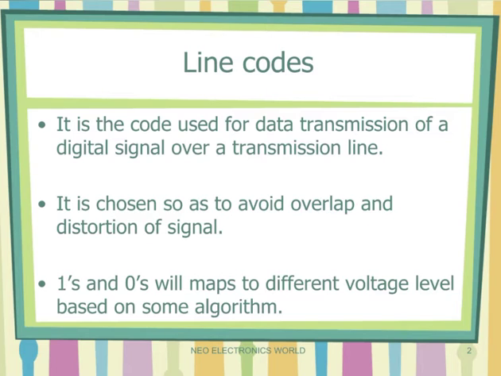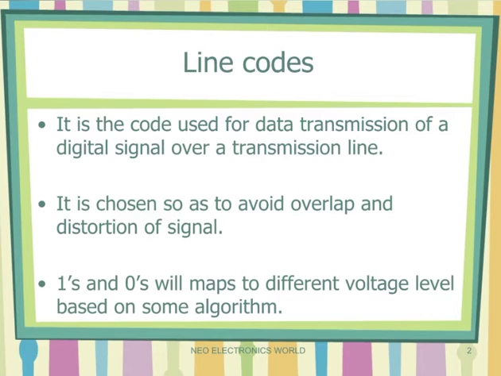These ones and zeros we map to different voltage levels. Say one is mapped to 5 volts, and 0 may be mapped to -5 or 0. Like that we do the mapping, and then we transmit the signal.